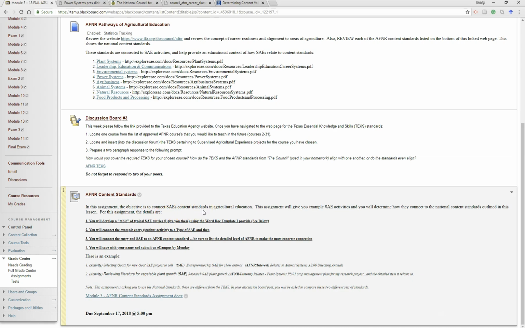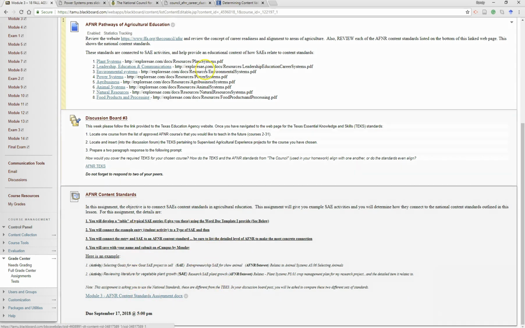You're going to connect that example entry, student activity, to a type of SAE, and then you're going to connect that entry to a content standard from the council. Okay, so you're going to use the council on this one. So make sure, remember right here, these are different from the TEKS. So this assignment is the council.